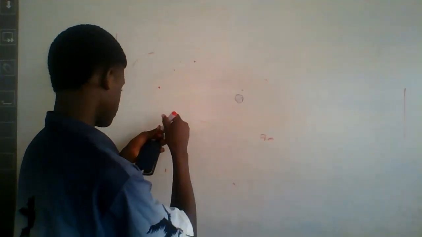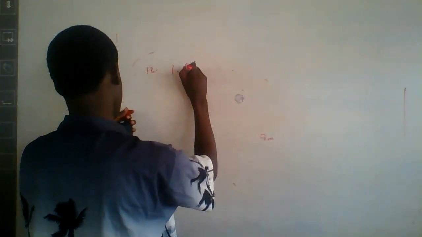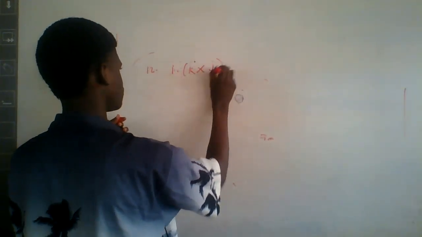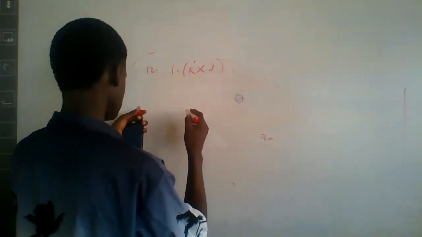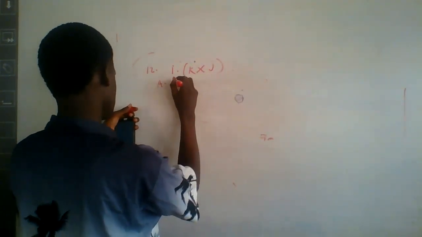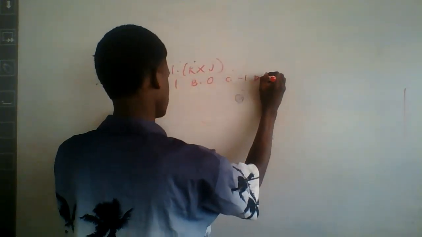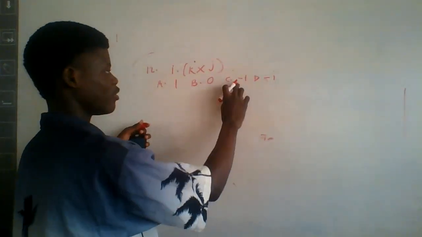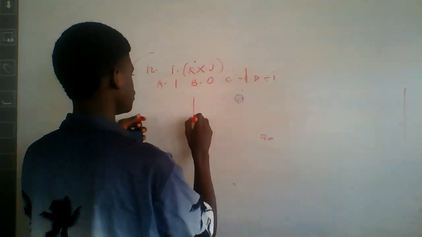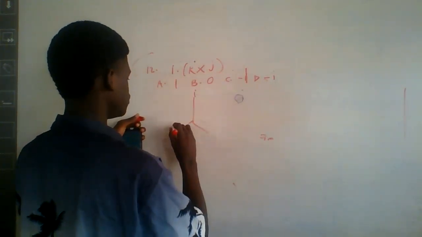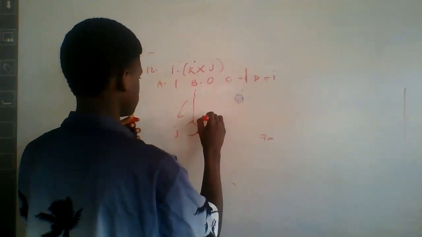So question 12. They said I dot K cross G. So let's just analyze K cross G. Let me write the options: A is 1, B is 0, C is minus 1, and D is minus I. K cross G follows our vector circle I, J, K, which moves anti-clockwise.